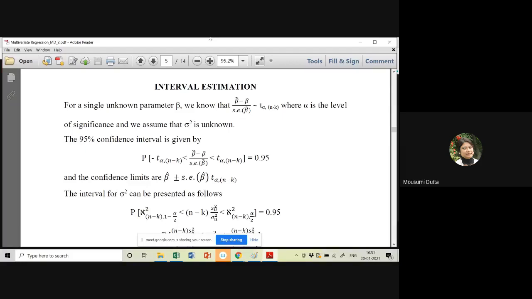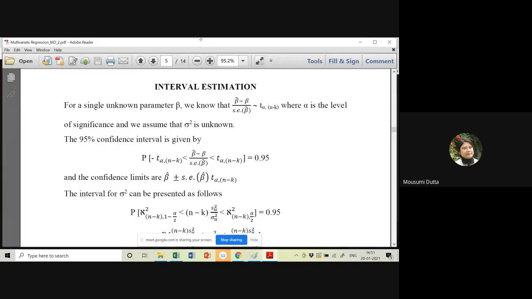In the standard error formula, we use sigma u square divided by summation xi square. Now, when sigma u square is not known, we have to replace it by SU square, and then no more will it follow the tau distribution; rather it will follow the t distribution with relevant degrees of freedom.